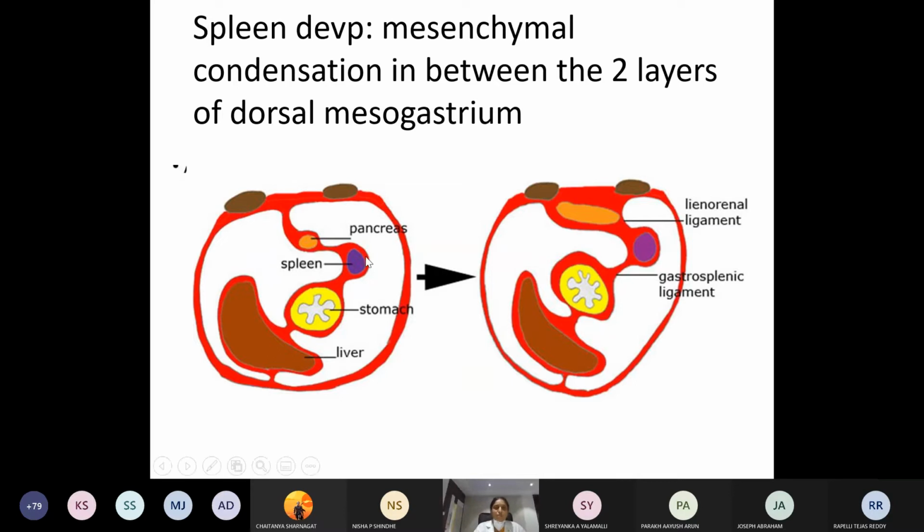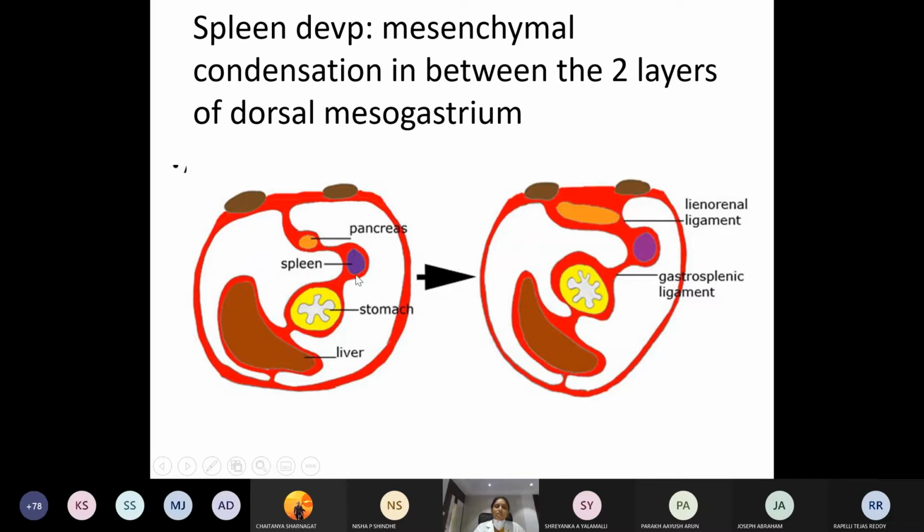So a little I will tell about the spleen development. Already I have told: mesenchymal condensation will be there in between the two layers of the dorsal mesogastrium, and hence the left side of the spleen will be under cover of the left layer of the mesogastrium. This part will show small indentations.